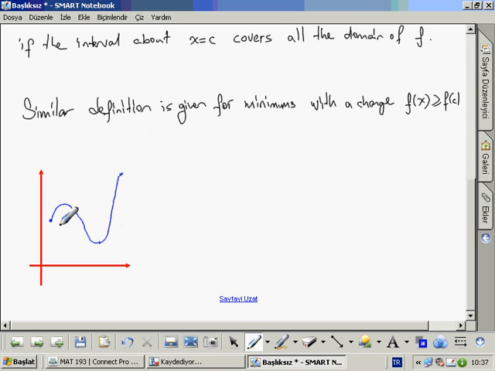This is A, this is B, this is C. For this interval we can say C is a local minima point.